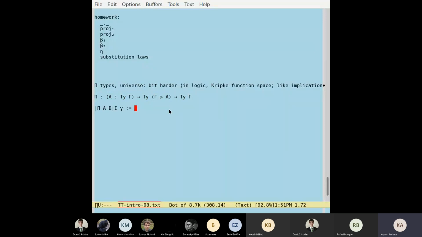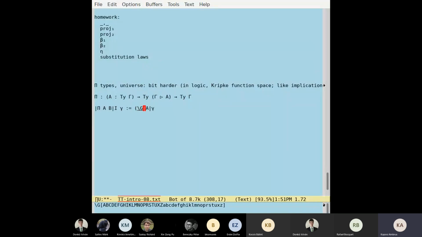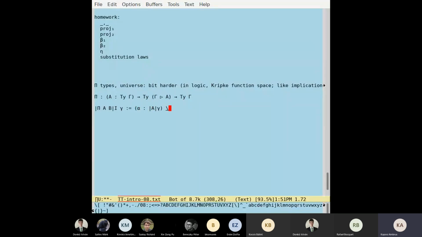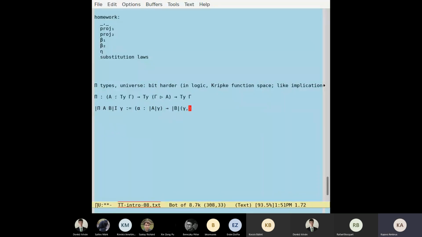And the straightforward way would be just saying that pi AB is now, okay, so I can take A gamma, which will be a set, and this will be a dependent function. So if I have an alpha in A gamma, then I could return a beta in gamma comma alpha. Okay, so you could use this definition.